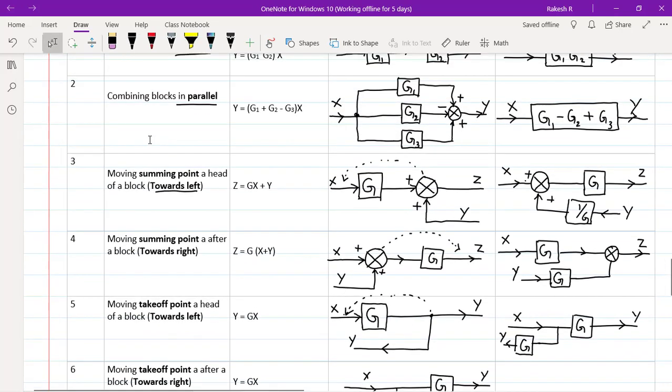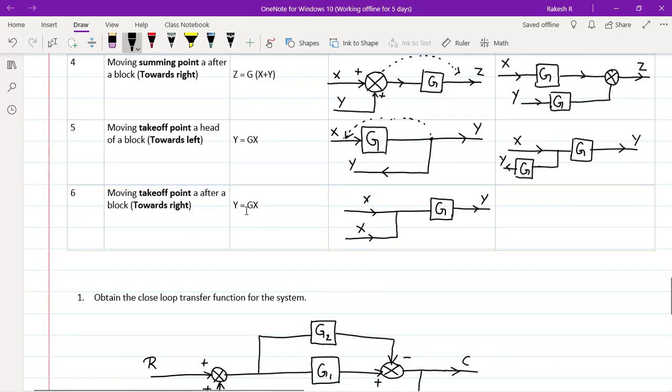When the summing point is moved towards left, it is added up by 1 by G. Then when we move the takeoff point towards left, it is added up by only G.